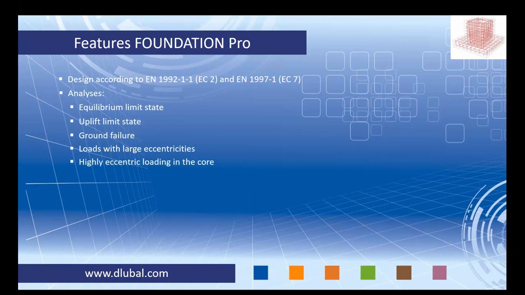If we use the German annex, we can also look at a highly eccentric loading in the core. We do the proof for sliding, and the newest feature in Foundation Pro is the settlement calculation.